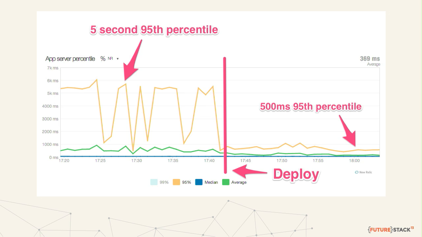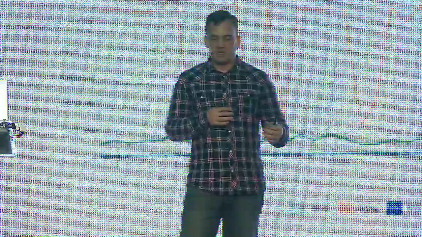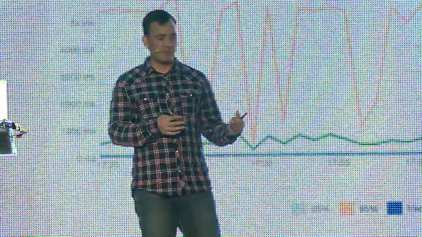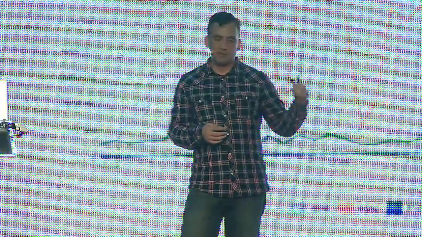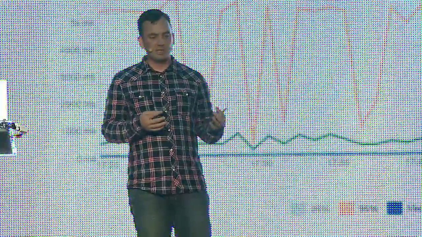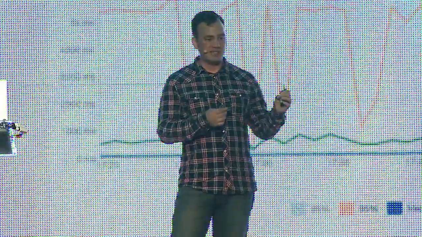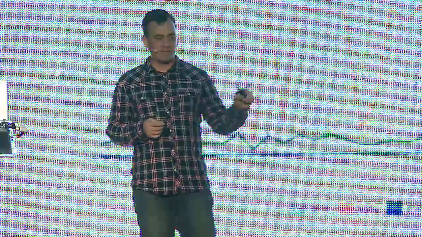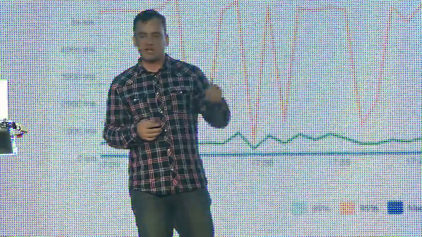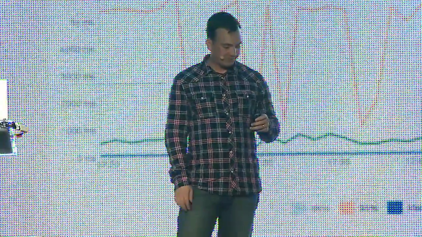We were able to figure out that the problem was due to caching. There was a bug where in certain scenarios the cache wouldn't be filled up. We fixed that bug, we deployed, and the 95th percentile dropped down to 500 milliseconds. This is a really useful tool to see problems like that, because you can see that the average doesn't really change, the median doesn't change at all, but you see this giant spike in your 95th percentile.